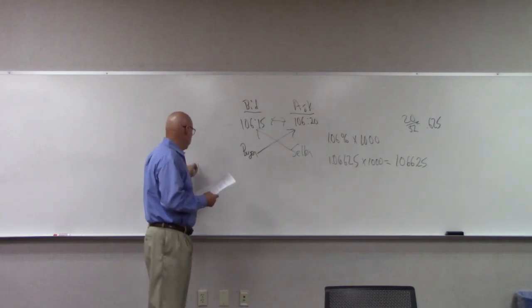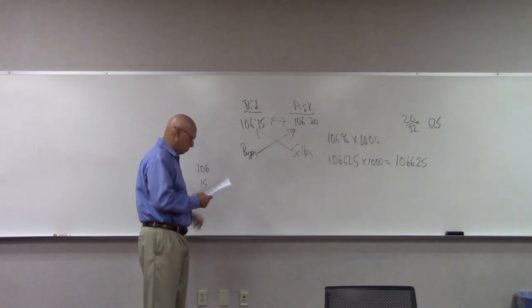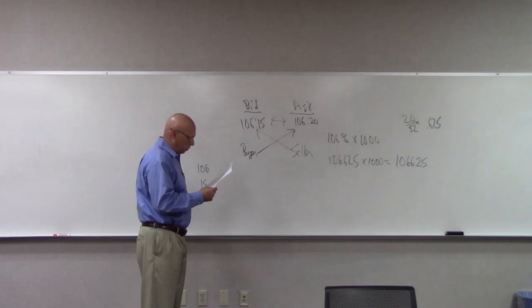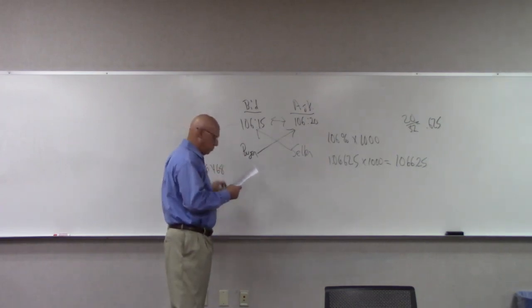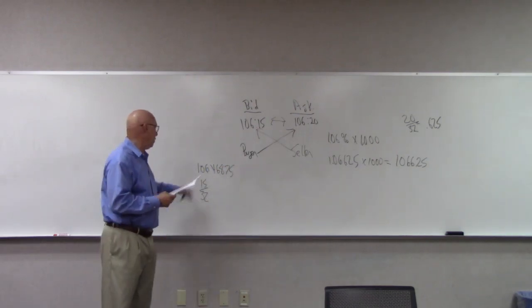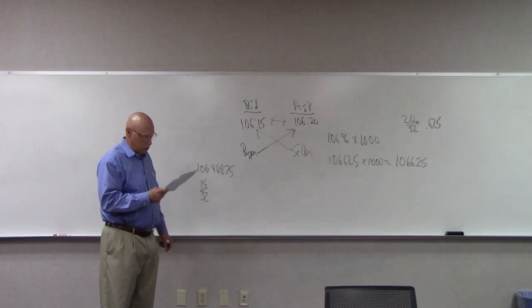So that's going to be 1.06 and 15/32. And 15/32 is 0.46875. You need to do that on your calculator: 15 divided by 32 should be 0.46875.